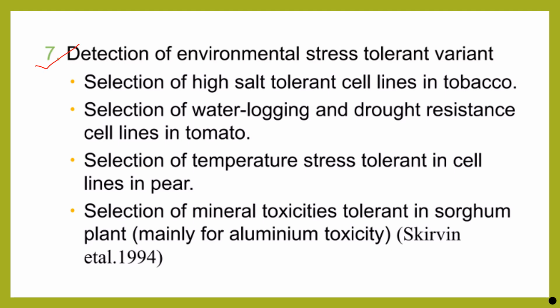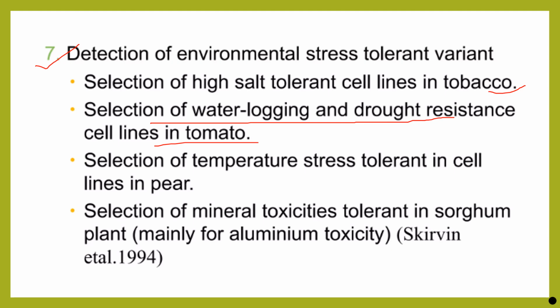Then is the detection of environmental stress tolerant variants. Environmental stress can be salt, water, temperature, or nutrient quality of the soil, right? Minerals, like in Rajasthan, there is acidity and basicity, high salt content, different things, fine? So selection of high salt tolerant cell lines in tobacco, this is an example. Selection of waterlogging and drought resistant cell lines in tomato.